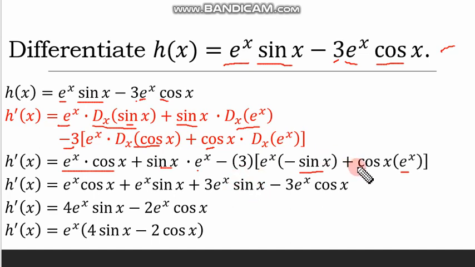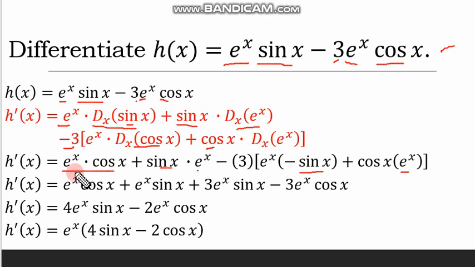Negative 3 times cosine x is negative 3 cosine x times e raised to x is negative 3 e raised to x cosine x. Now we will combine like terms.